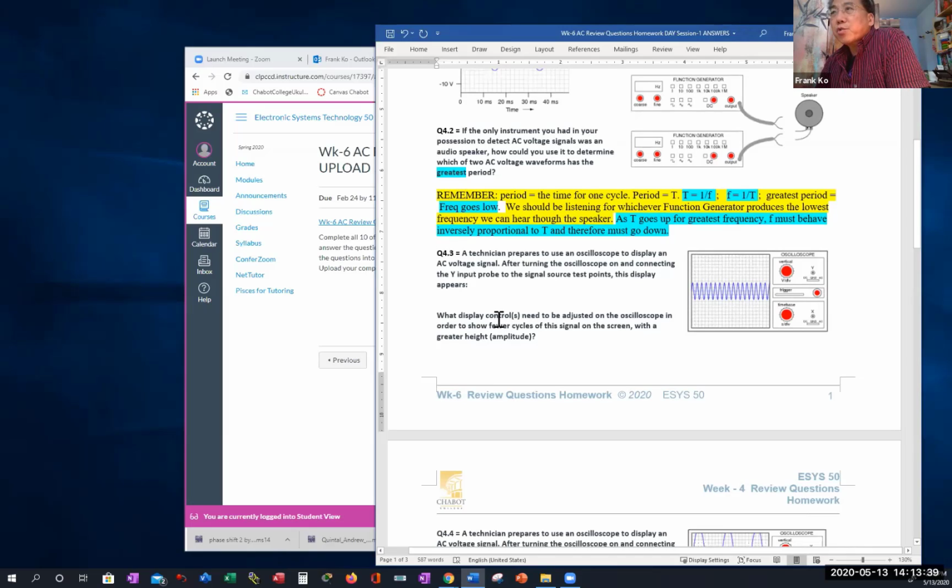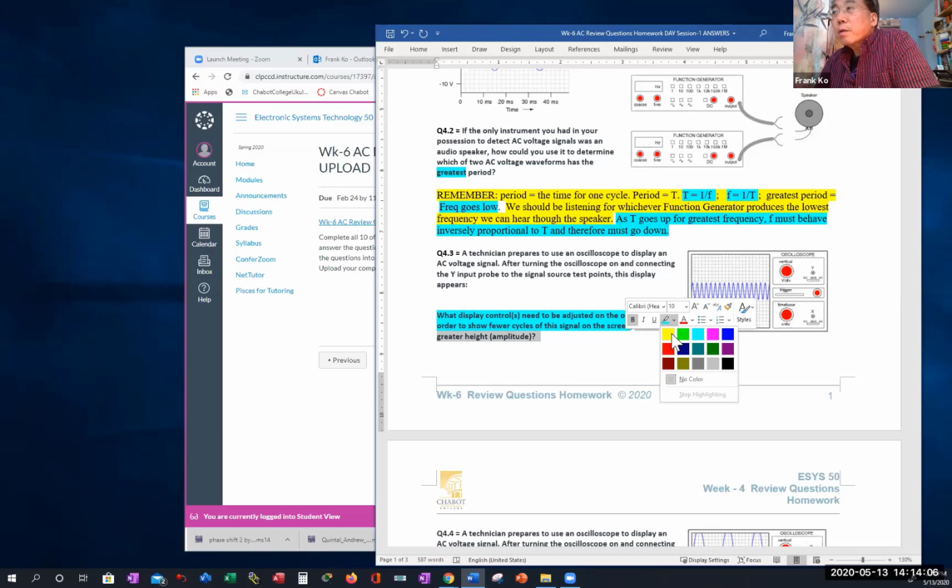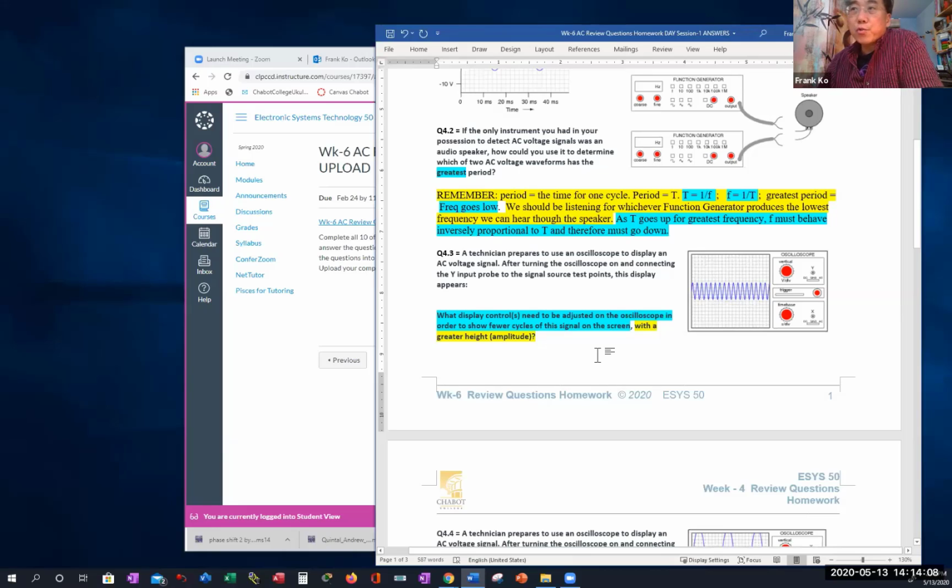What display controls need to be adjusted on the oscilloscope in order to show fewer cycles on the screen with greatest height? Okay, so there's two parts to this question. So this question is asking for two separate answers.